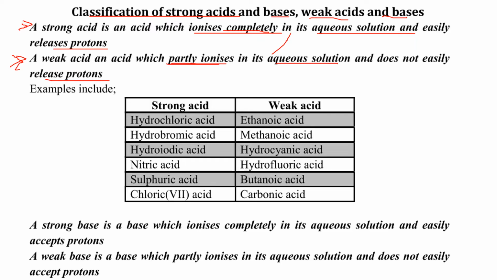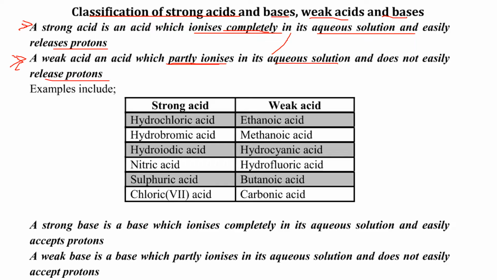So a weak acid is that acid that just partially ionizes in its aqueous solution to give off very few hydrogen ions. Whereas a strong acid is that acid that fully ionizes, or completely ionizes, in its aqueous solution to form very many hydrogen ions, or protons, in solution.